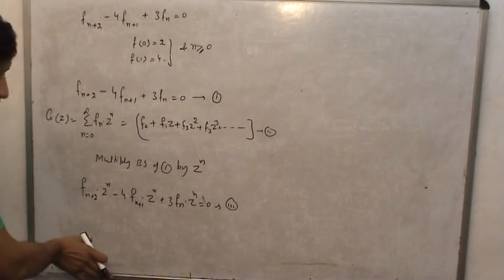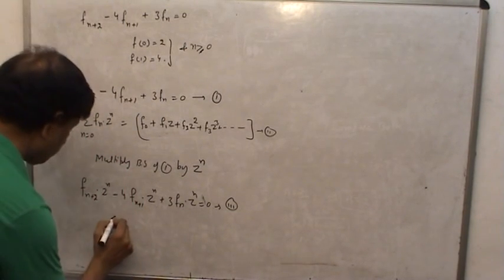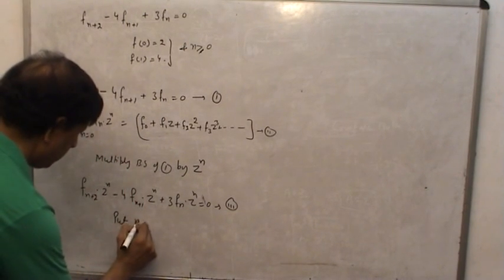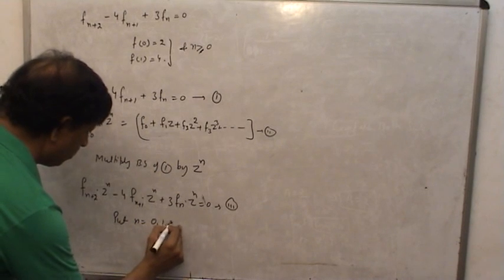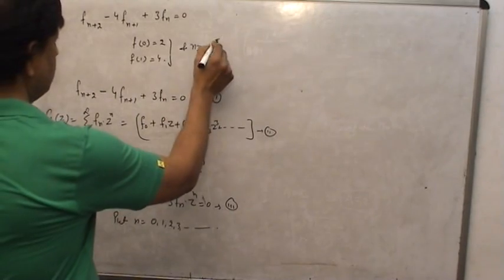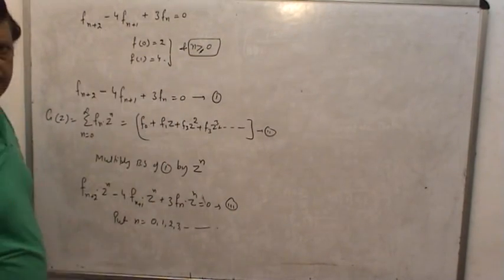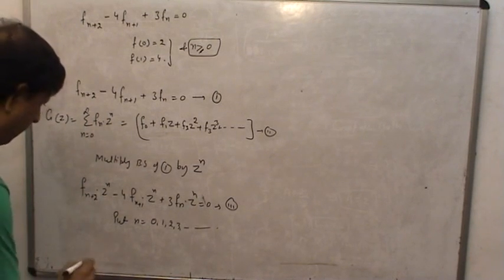We can calculate them separately. First of all, n is equal to 0, 1, 2, 3 and so on, because our variation starts from 0, as we can see in each term of the recurrence relation.